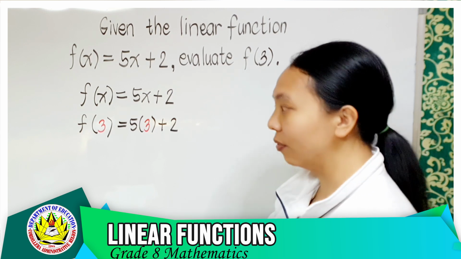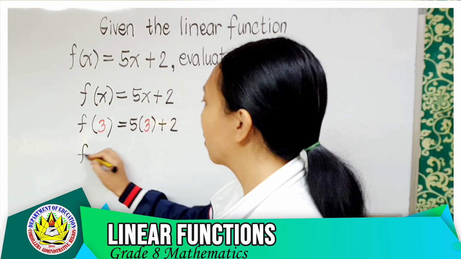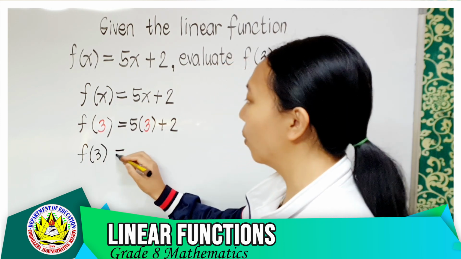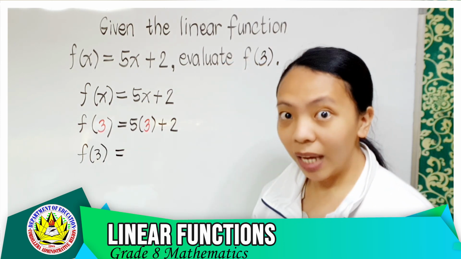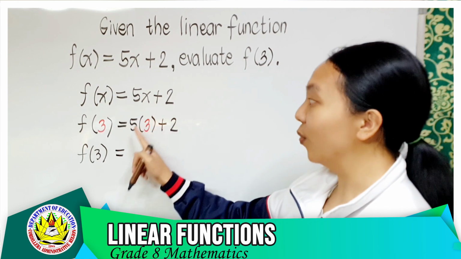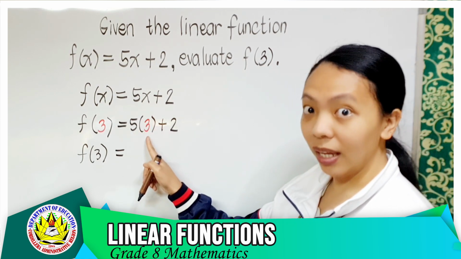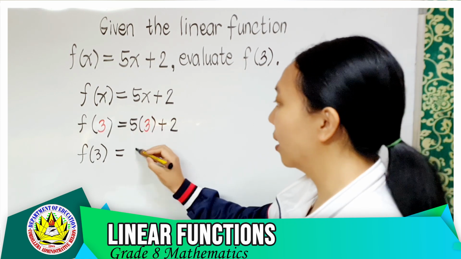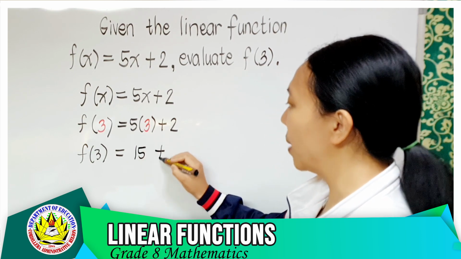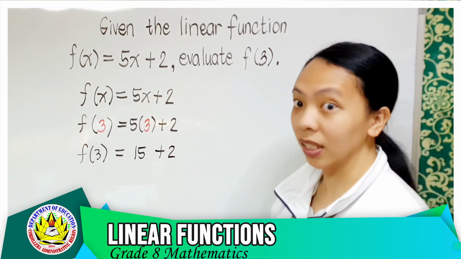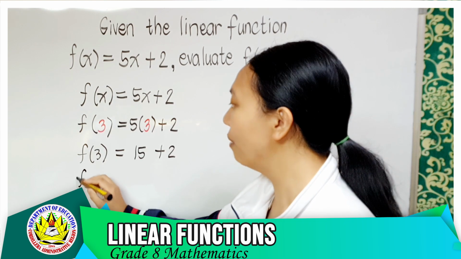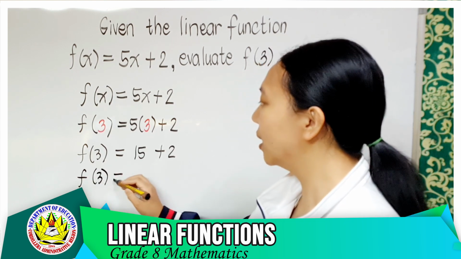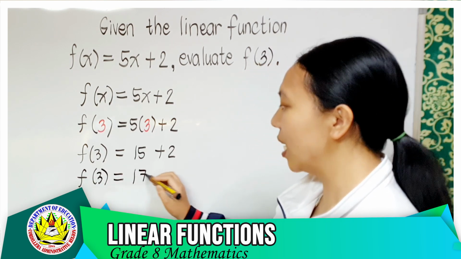So we have f of 3 is equal to, this time we are going to multiply 5 and 3. 5 times 3 is 15. We copy 2. Simplify the right side of the equation. We have f of 3 is equal to 17.